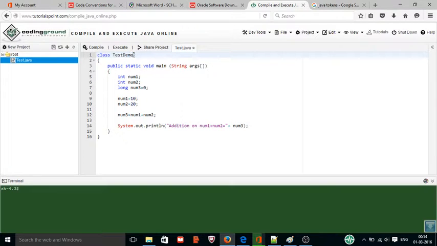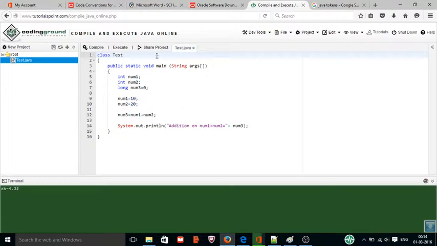Suppose there is another word, First, then again it should be uppercase. Any additional word must start with uppercase. You must have understood with this example.